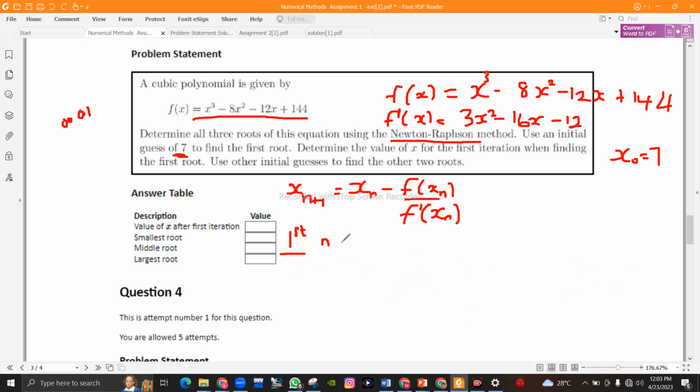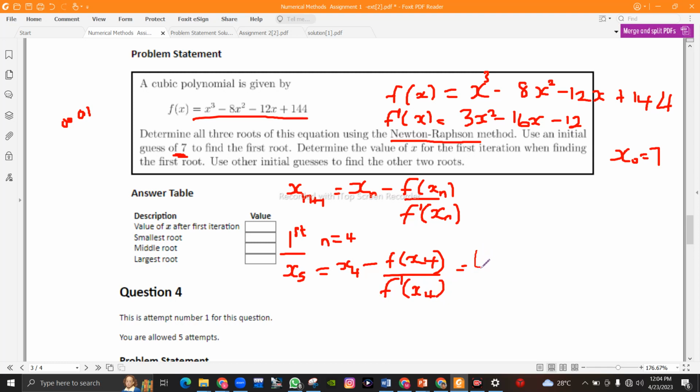Now, the next iteration, our n in that case should be 4. So we're looking for the fifth iteration, so that x5 be equal to x4, what we got earlier, minus f of x4 divided by f prime of x4. What's our x4?